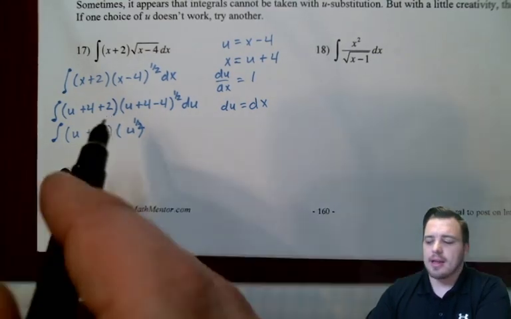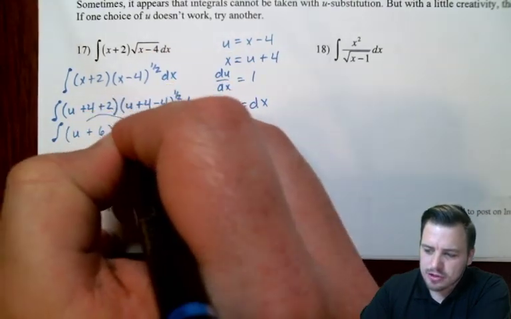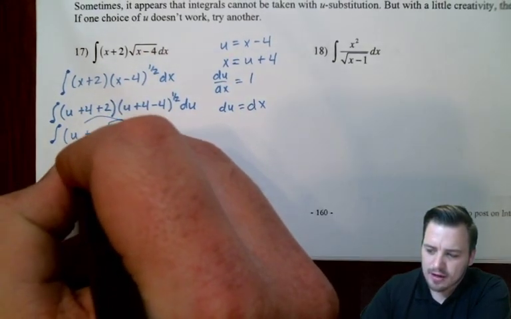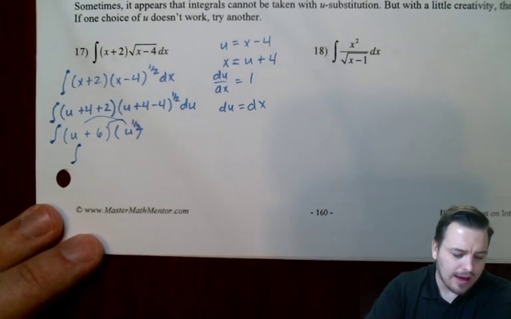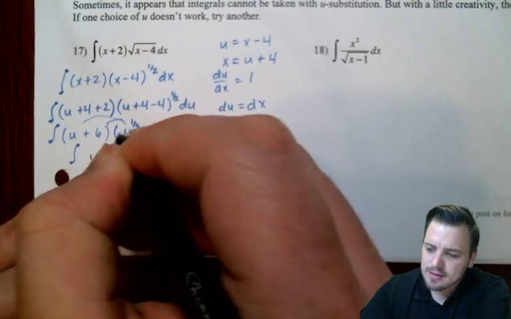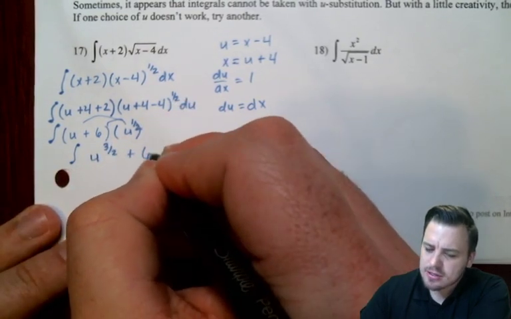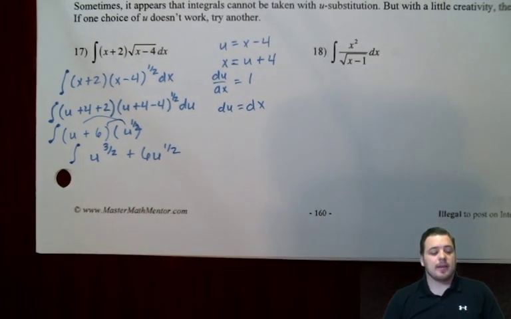Okay? But here, I can actually simplify. So I can distribute before I do any kind of antiderivative. So u times u to the 1/2 would be u to the 3/2 plus 6u to the 1/2. So I can distribute it, and that makes it much easier for me.